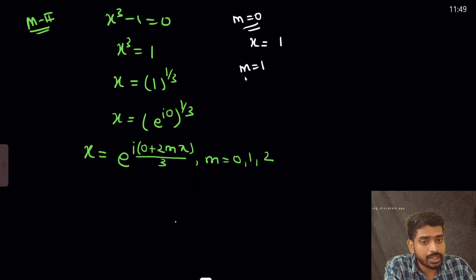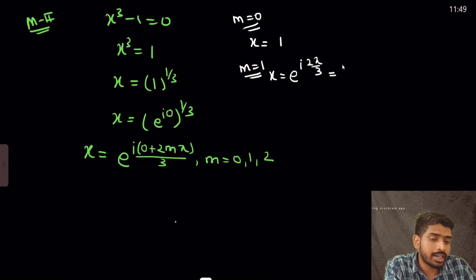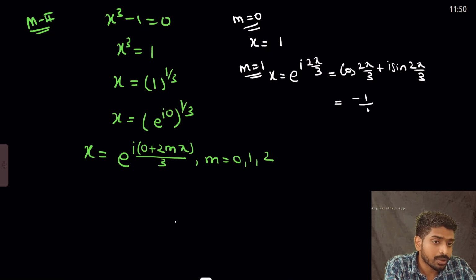When m value is 1, at that time we'll get the value as e to the power iota 2 pi by 3. If we write this in polar form, we'll get cos 2 pi by 3 plus iota sine 2 pi by 3. Cos 2 pi by 3 is minus 1 upon 2, plus iota sine 2 pi by 3. 2 pi by 3 means 120 degree.